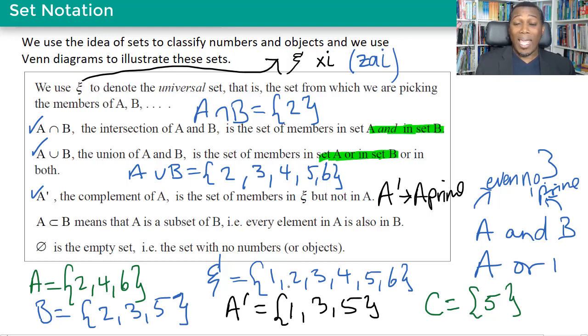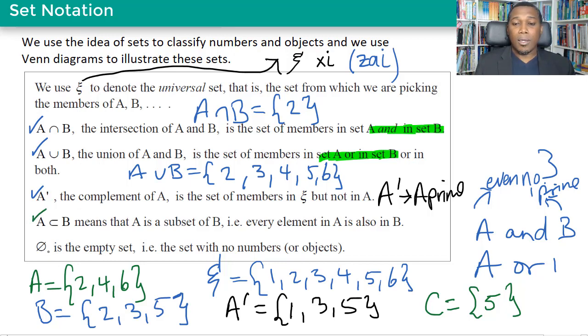And then now we have a situation where I can say that C, which only has the element 5, is a subset of B, because 5 is an element of B. So C is a subset of B. That's the idea of the subset concept.